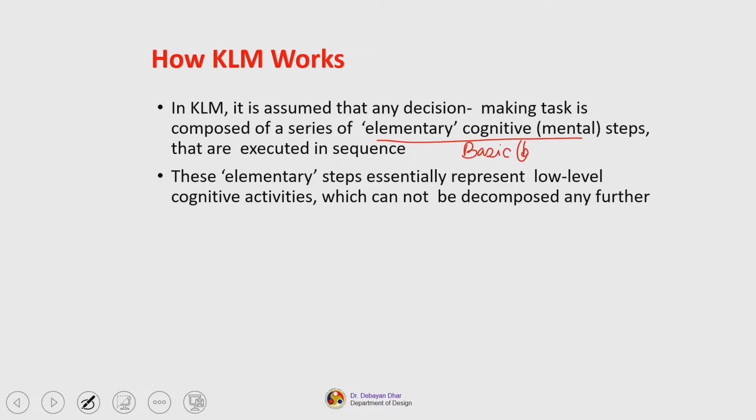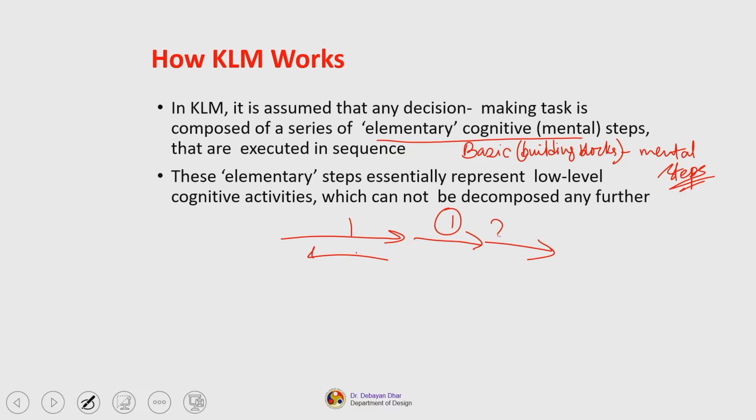These are basic mental steps that are executed in sequence. That means these are not random, like this, then that, no. There is a sequence, there is 1, 2, then 3 and then 4 and then the task gets completed.